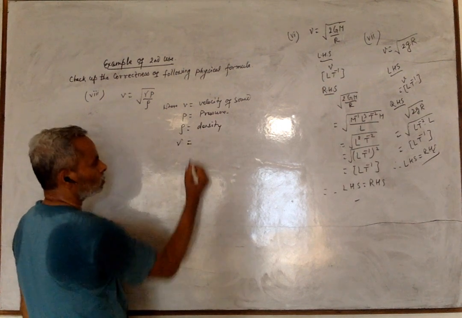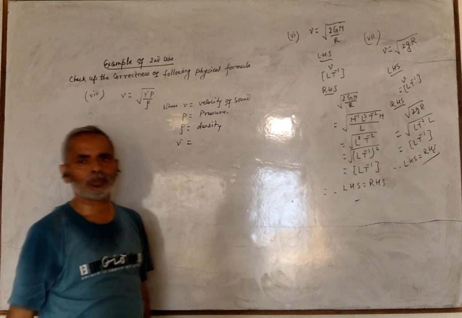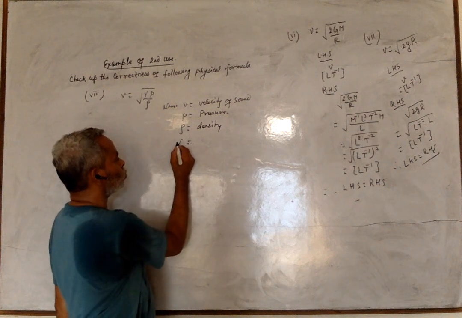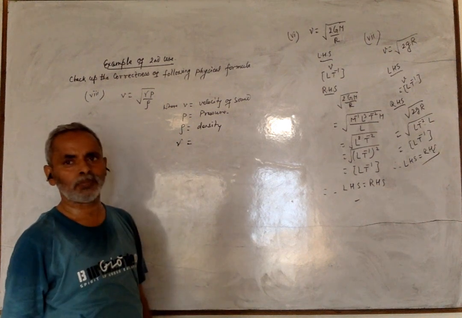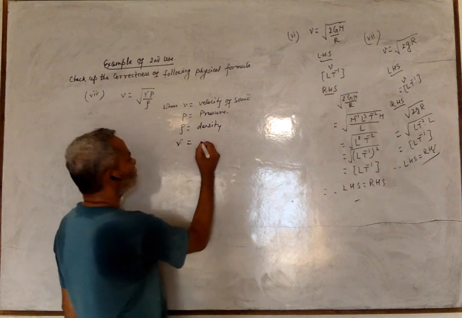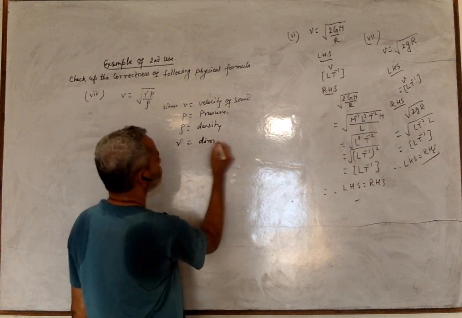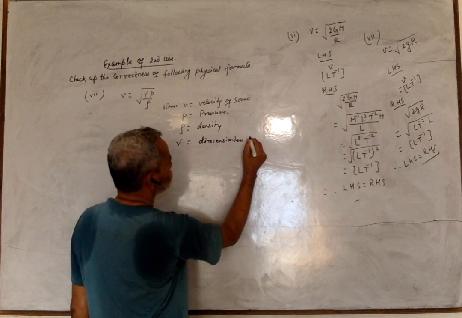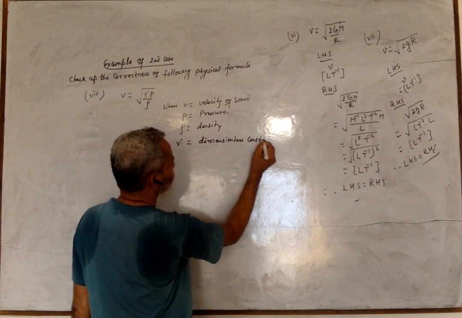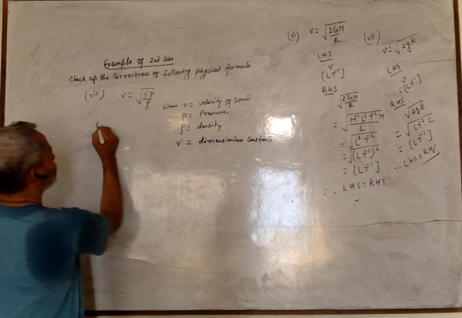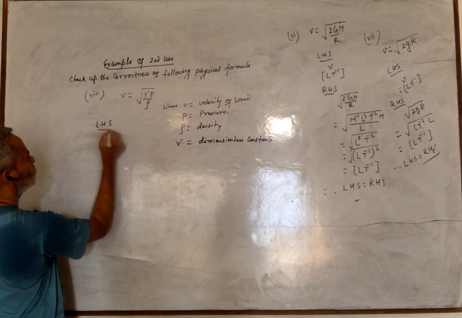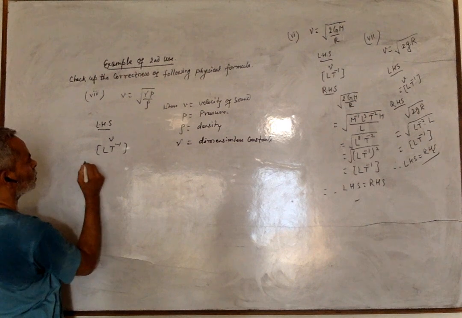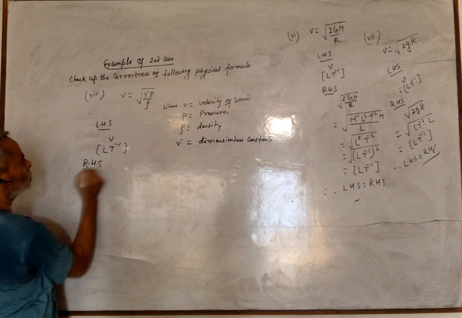and gamma is a dimensionless constant, that is the ratio of the same physical quantity. It is the ratio of the two specific heats, Cp and Cv. It is a dimensionless constant. LHS: V, the dimension of V, velocity of sound, is same as velocity.